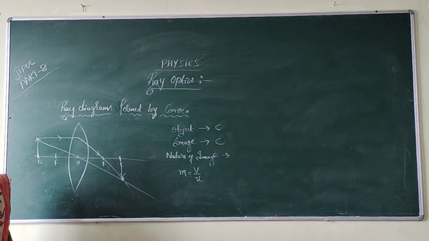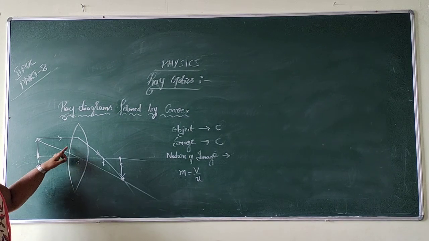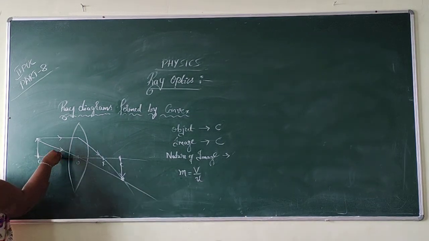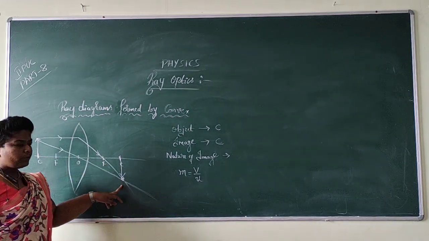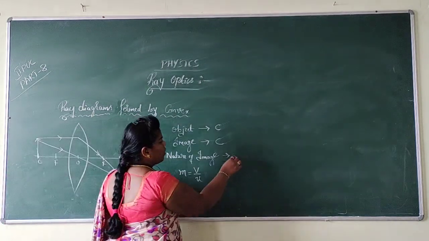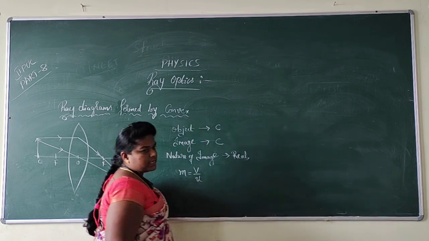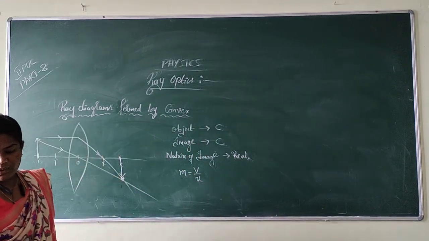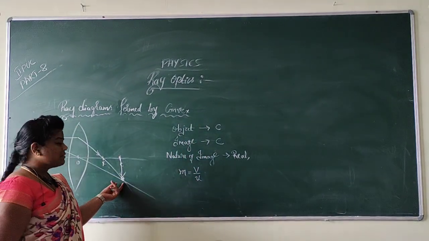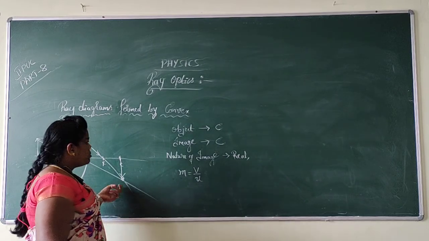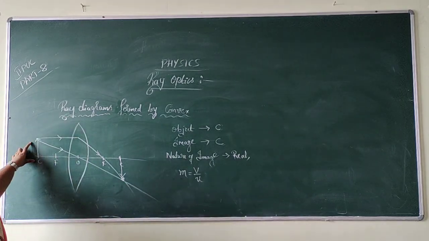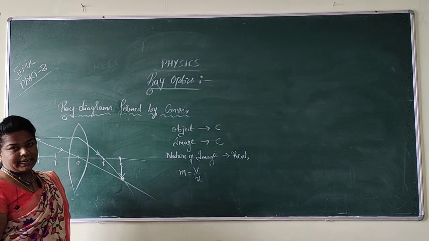Then what is the nature of image? Observe that after refraction, the rays are going to meet. It means the image which is formed is called a real image. Observe it carefully. Let us see whether it is inverted or erect. The object is in this way, whereas the image has been inverted.